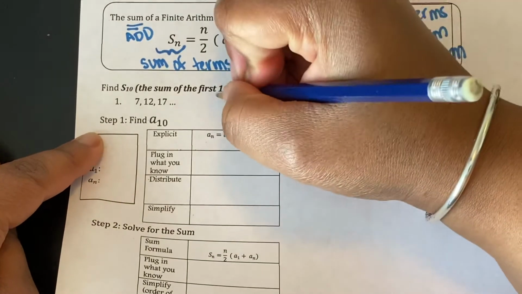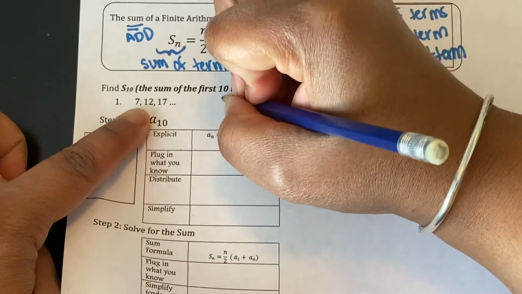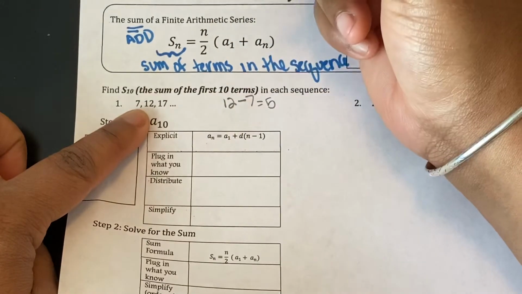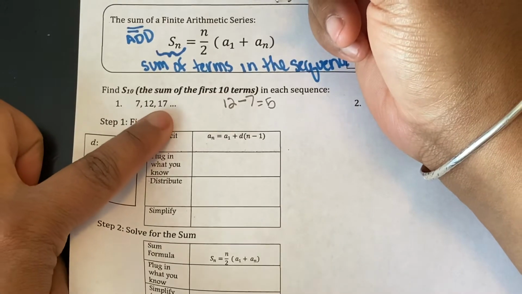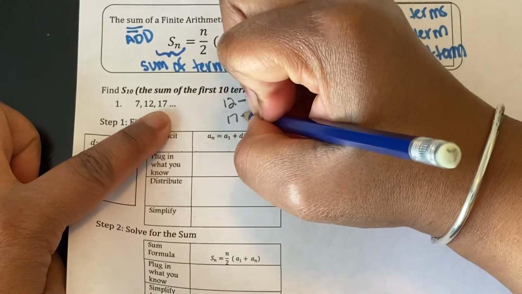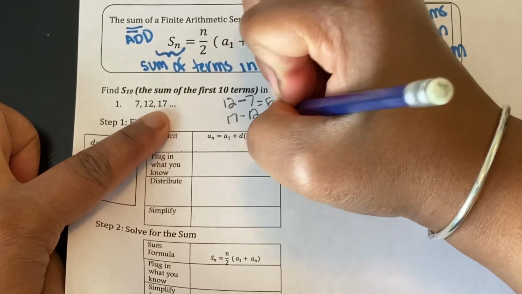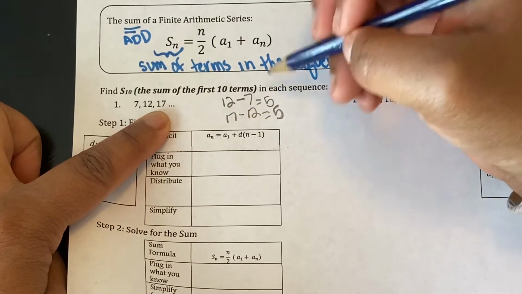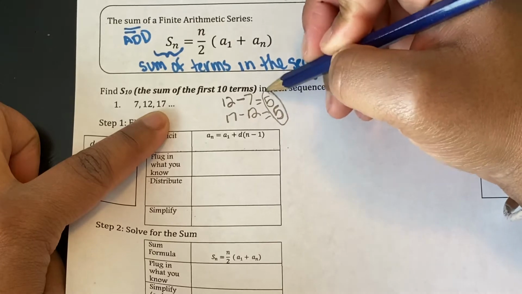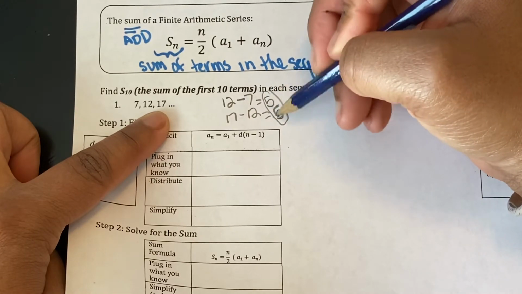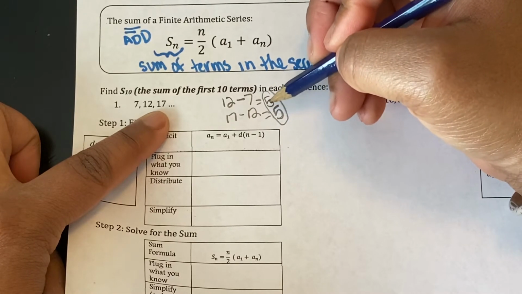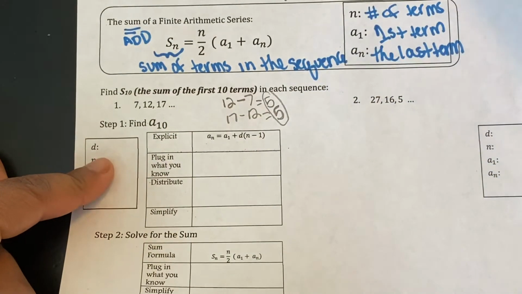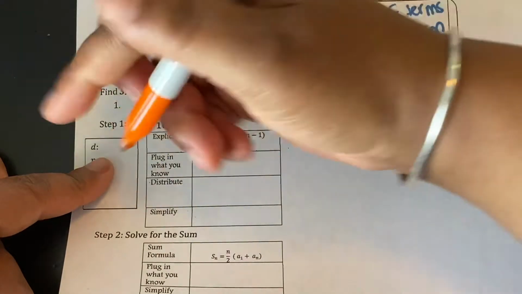So our test says we take the second term, 12, and subtract the first term, 7, which gives us 5. Then we take the third term, 17, and subtract the second term, 12, which gives us 5. I'm just doing my arithmetic test. Since our test gave us the same answer, 5, I know that my common difference is 5.